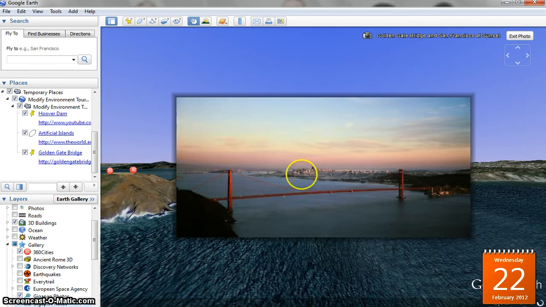Okay, so there you can see it. This is in San Francisco. That's that city back there that you can see. You can see how big the Golden Gate Bridge really is.